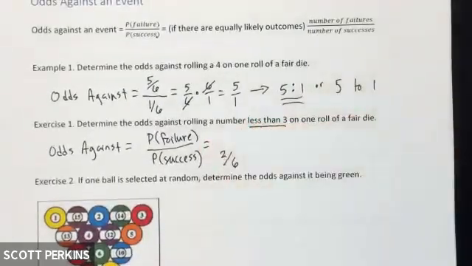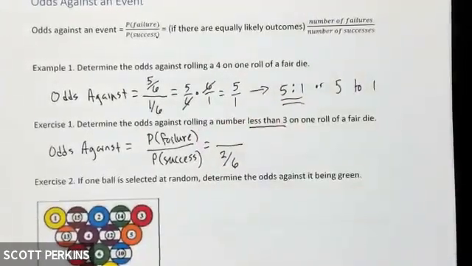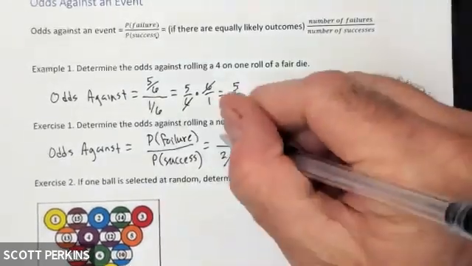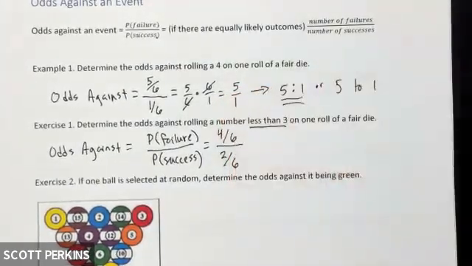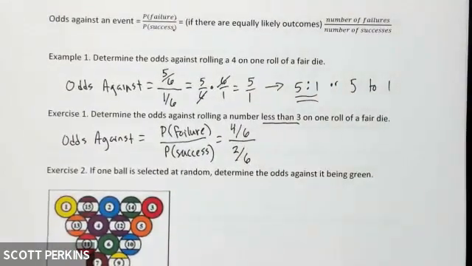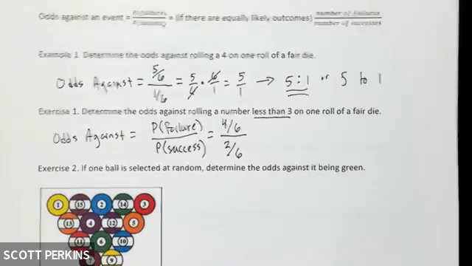Okay, that's my probability of success. What's the probability I fail to get a number less than 3? So that means 3 or more. So that is the other 4 out of the 6 options. Remember, when you're doing odds, these two things are always going to add up to 1. So that's a nice check to make sure that you've done both probabilities right.